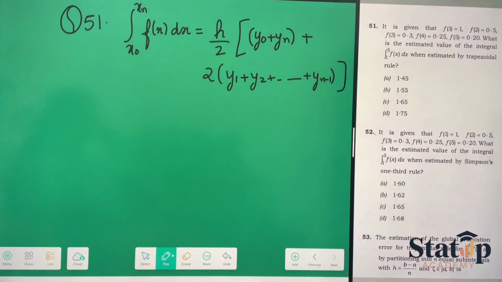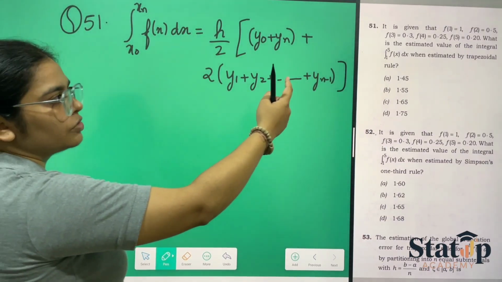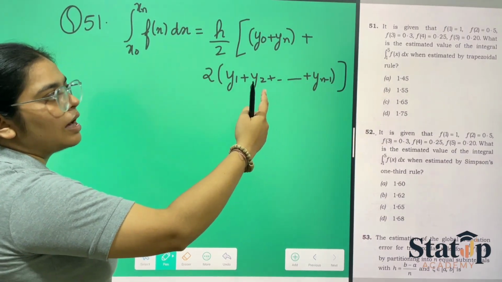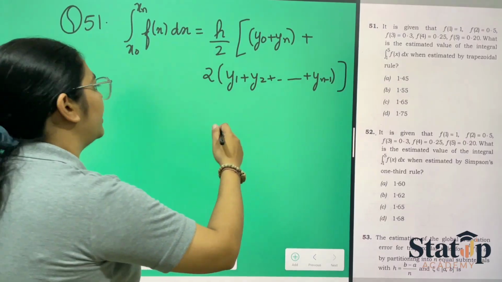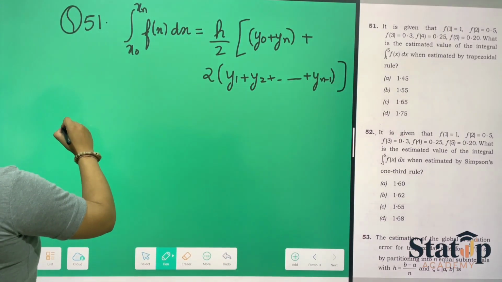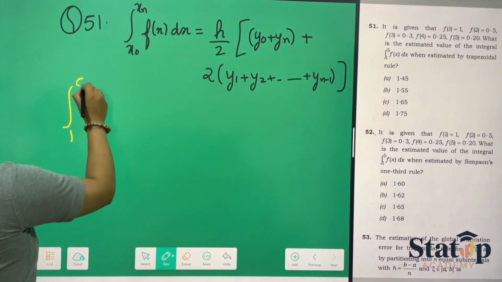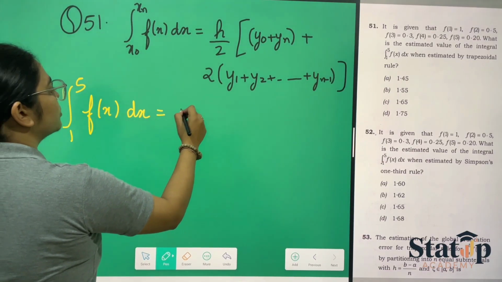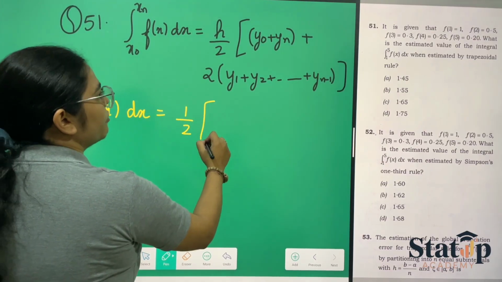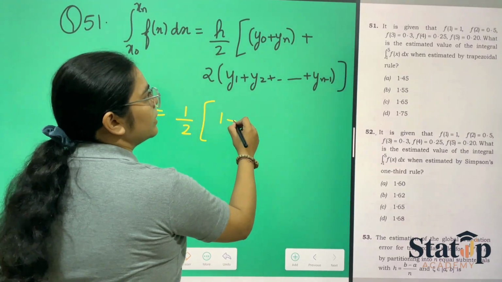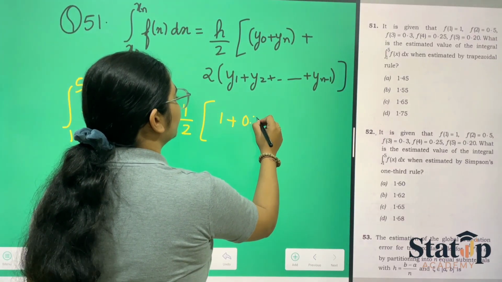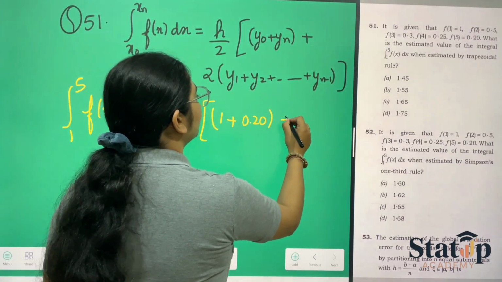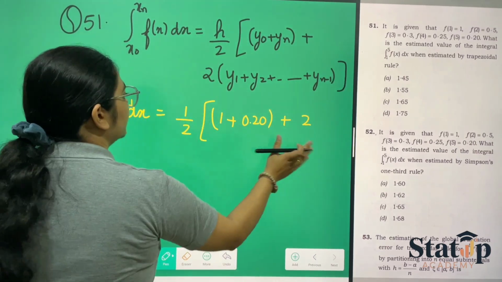Just putting the values in the formula, H is only 1, so the integral from 1 to 5 of f(x) dx is equal to 1 upon 2. First term is 1 and the last term is 0.20 plus 2 into all the terms in between.